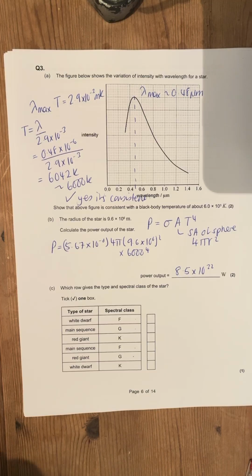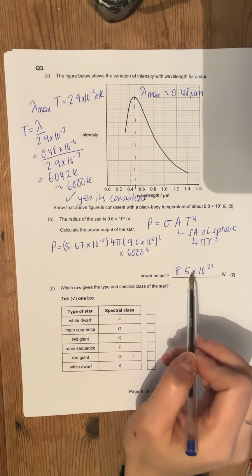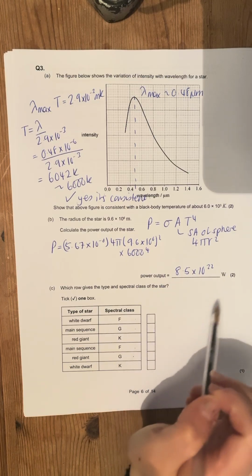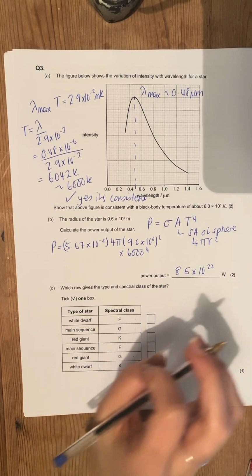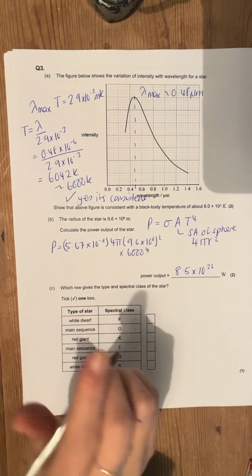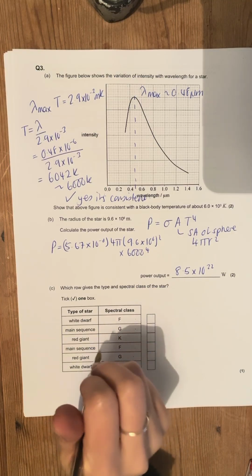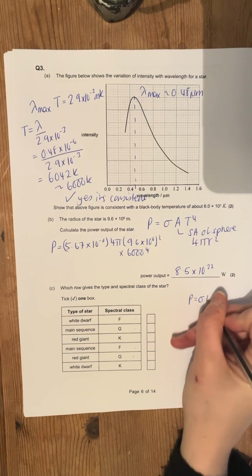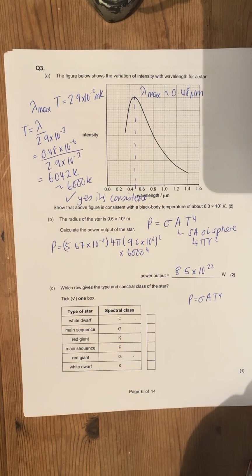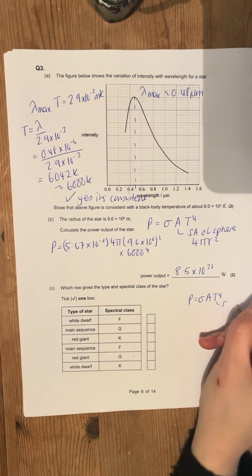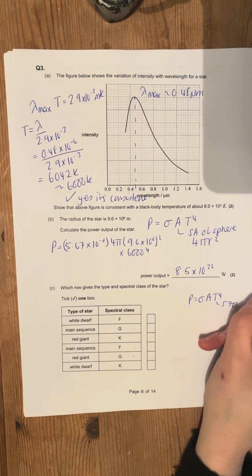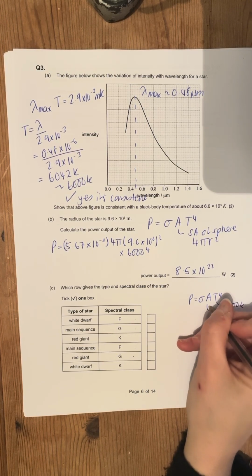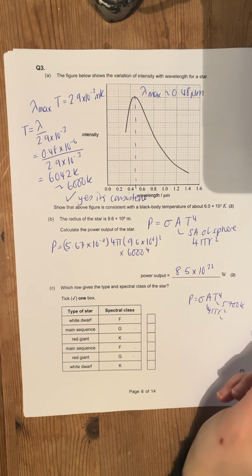And the way we're going to do that is we're going to think about its radius and its power output. This is a pretty high temperature, a pretty high power output. What you could do is, an example of a G-class star, you could do P equals sigma A T to the 4 for the sun. You know that this is about 5,700 Kelvin, I think it is. The area 4 pi r squared, that's on your formula sheet.